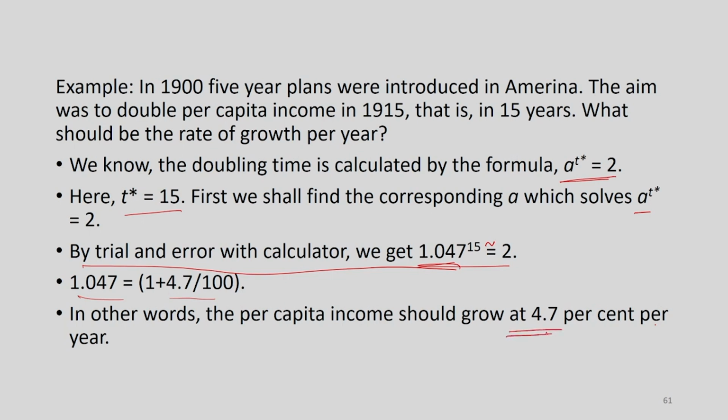So, this is our solution, which means that this country which adopted the 5-year plans from 1900 onwards and wants to double its per capita income in 1915, in 15 years, it must grow at 4.7% per year.